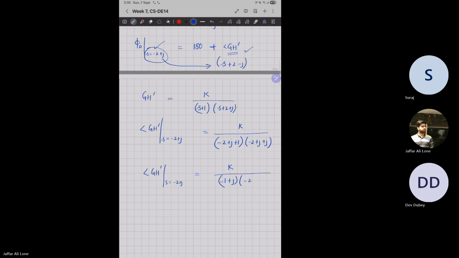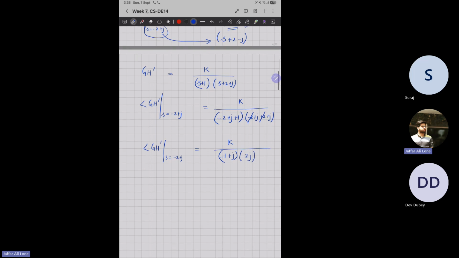Sorry, here I need to put the value properly. So I have -2 plus j, then plus 2 plus j. 2 and -2 will go, and I'll get 2j. Now we have to find the angle of this.